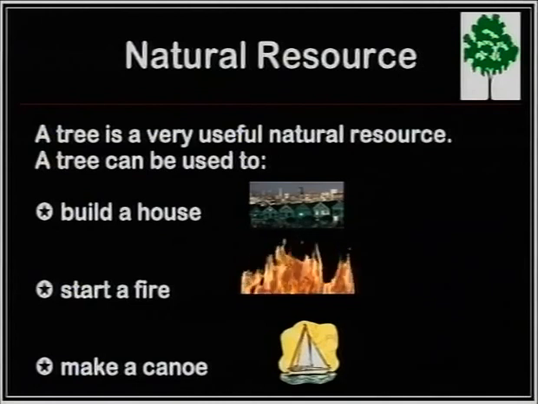We use our knowledge or skills to make a canoe. So you see, natural resource and human resource comes in. Starting a fire, we know how to start a fire when we use our human resource. We use the knowledge and skills how to start a fire. Same with building a house. All right, let's move on.